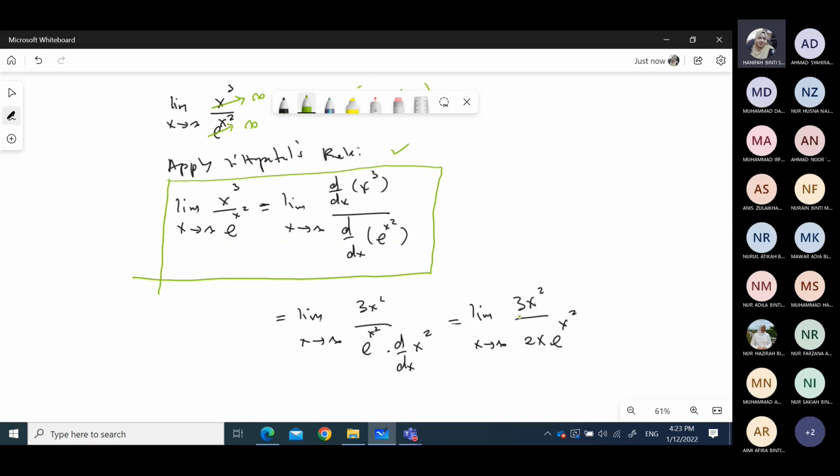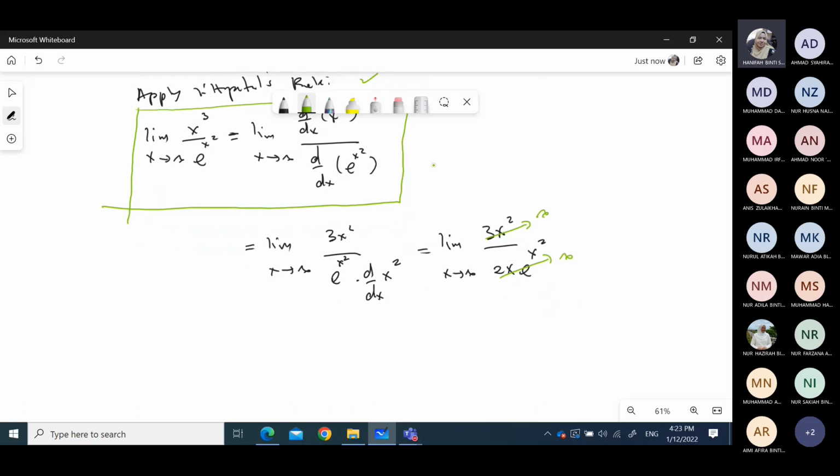Next we find this limit. The limit as x approaches infinity of 3x squared is infinity, so this one is also infinity. Here we need to apply L'Hopital's rule for the second time.